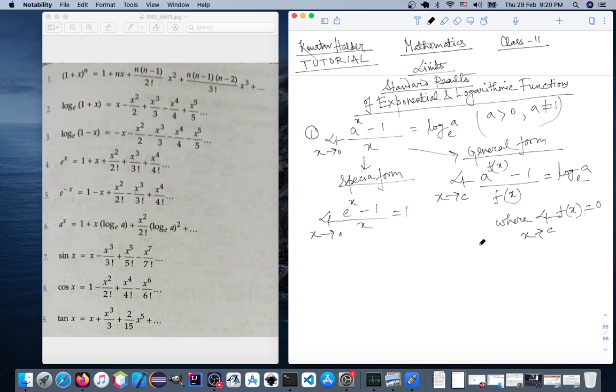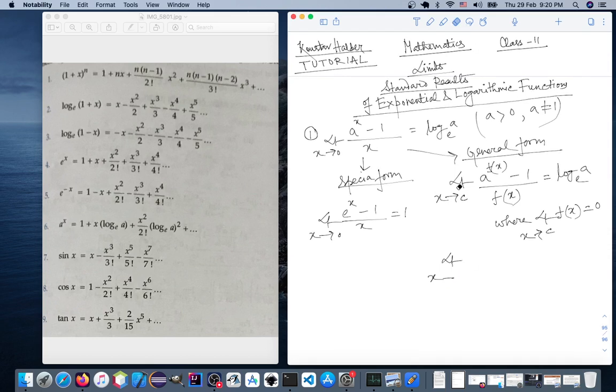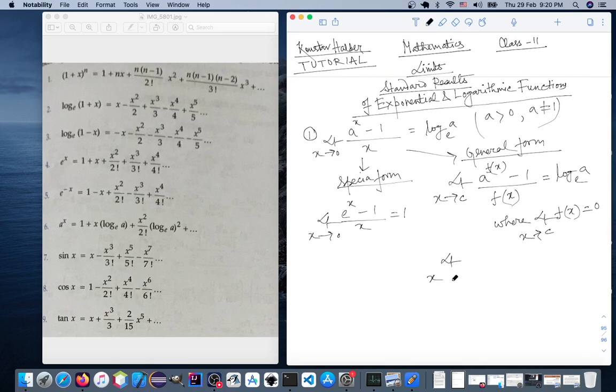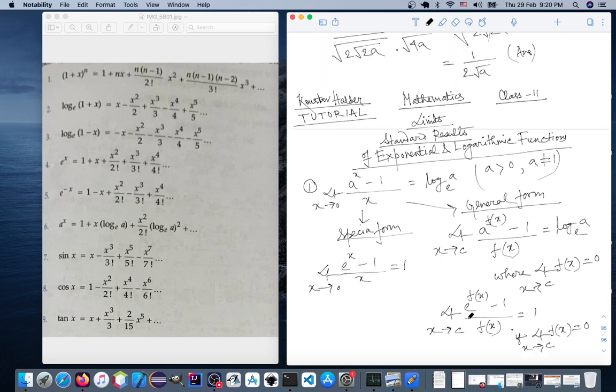Also, for this general form, we can have e to the power f(x) minus 1 divided by f(x) is 1, if limit x tending to c of f(x) is 0.